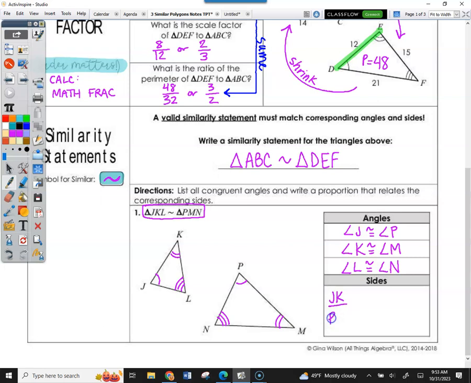JK corresponds and is proportional to PM, right? What side is proportional to KL? MN. What side is proportional to LJ?